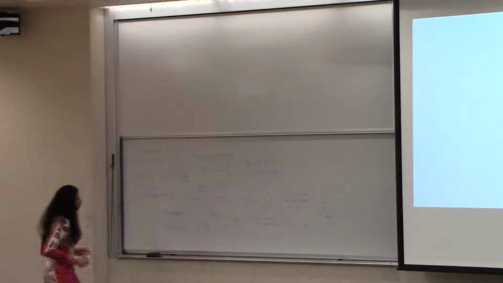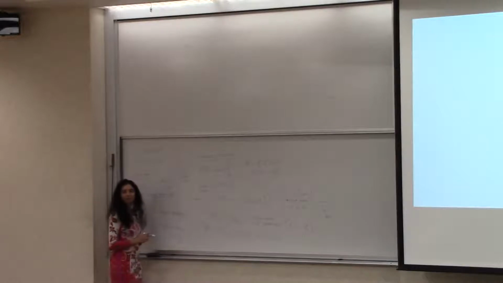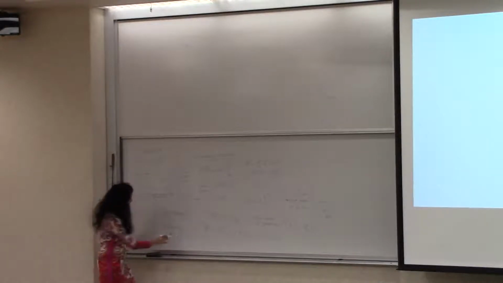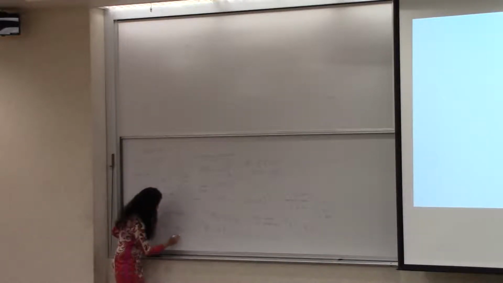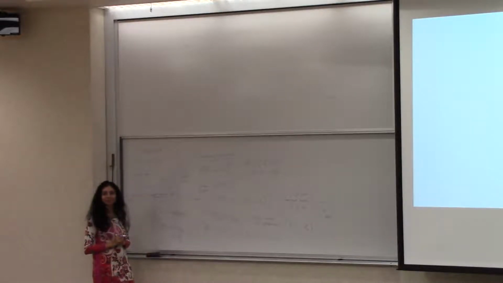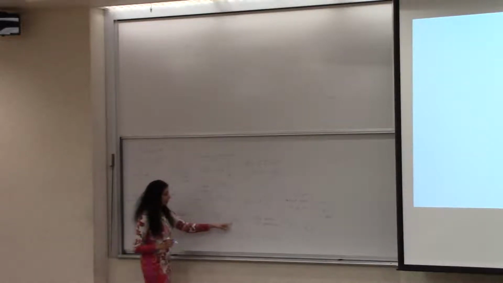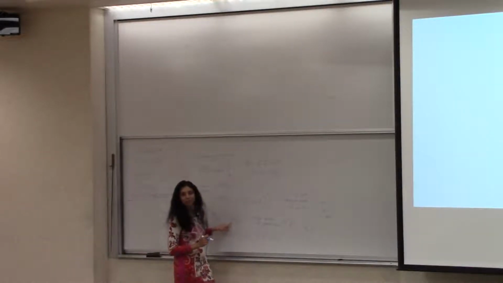Let's plug them in one by one. If u is equal to u star 1, what happens? Does it satisfy or not? Here the lambda you want to choose is also the eigenvalue.